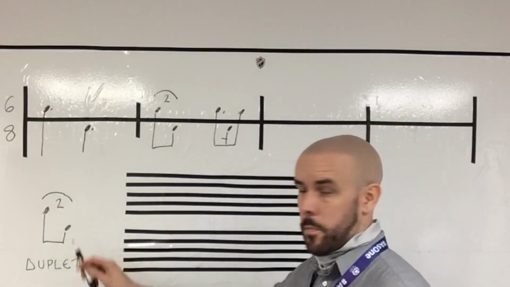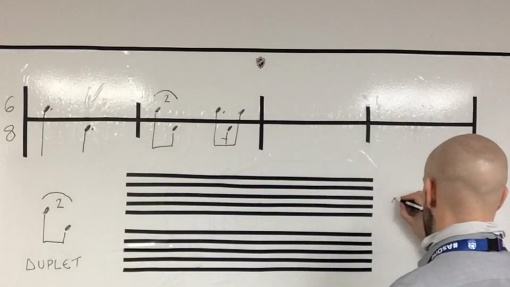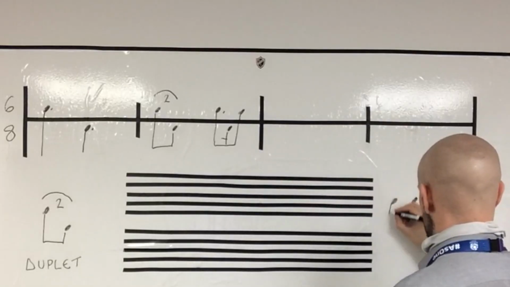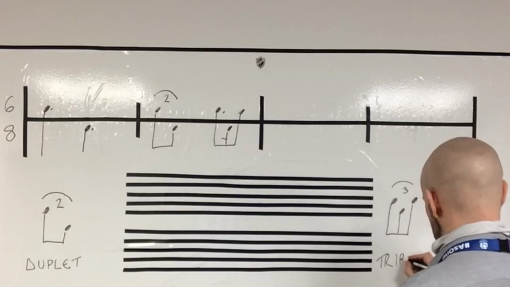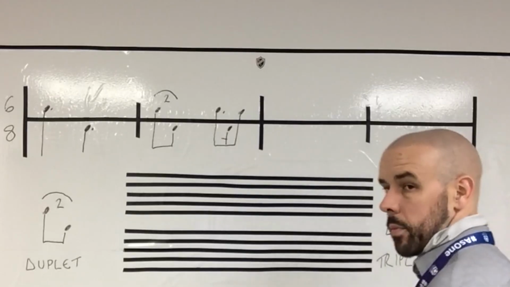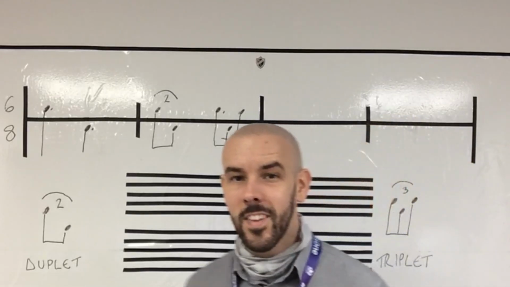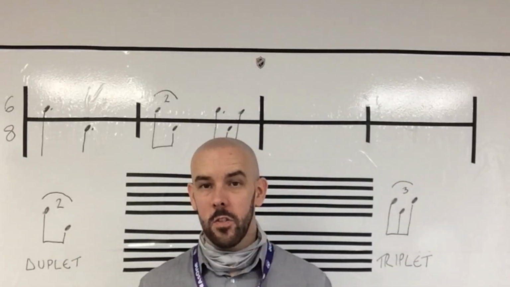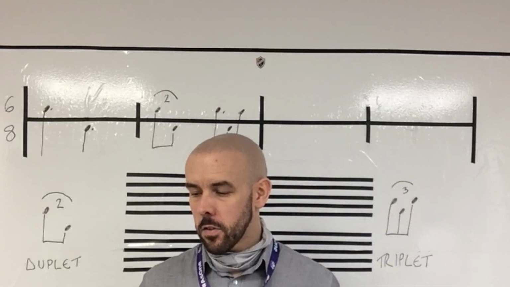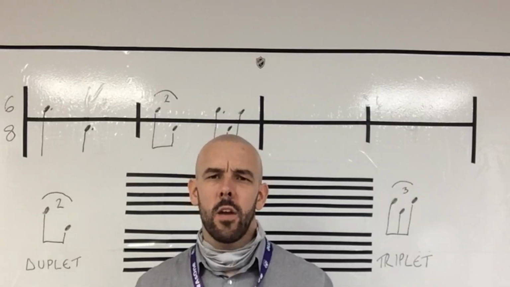So, 2 irregular groups. We had a duplet, and I'm going to write my triplet here. Triplet, duplet. So there, I'm going to stand between them. There are our 2 irregular groups that we're dealing with just now. You'll probably get asked in a test, what is an irregular group?